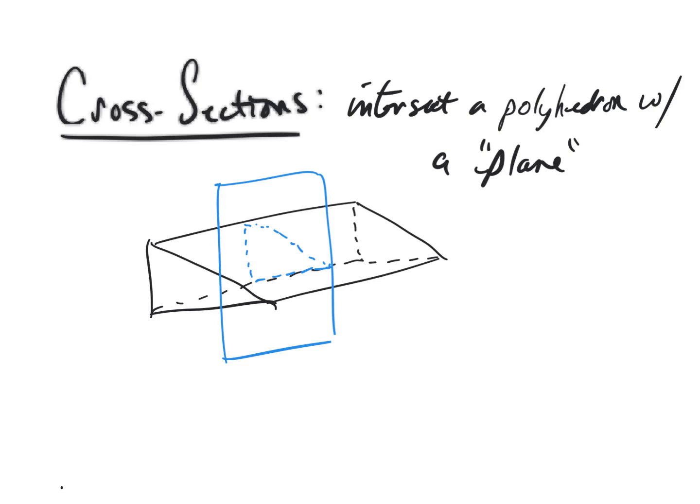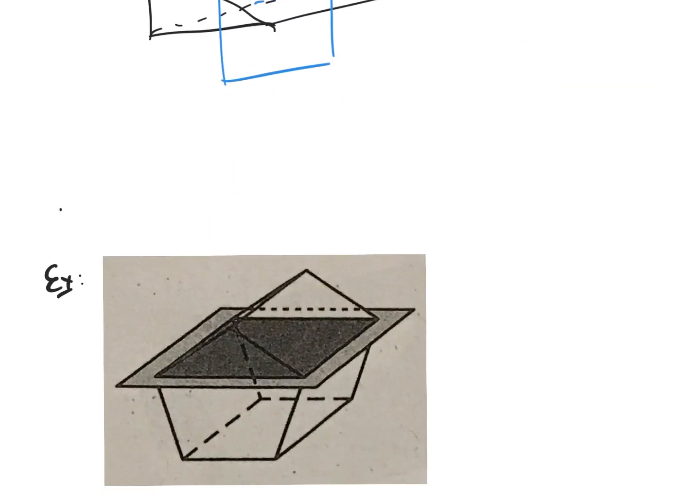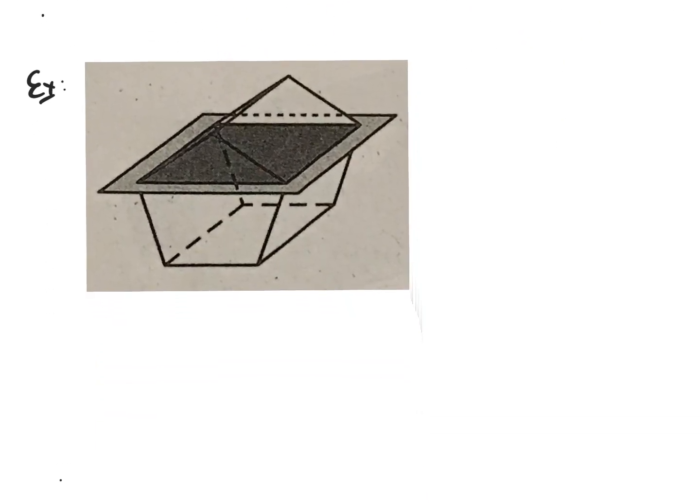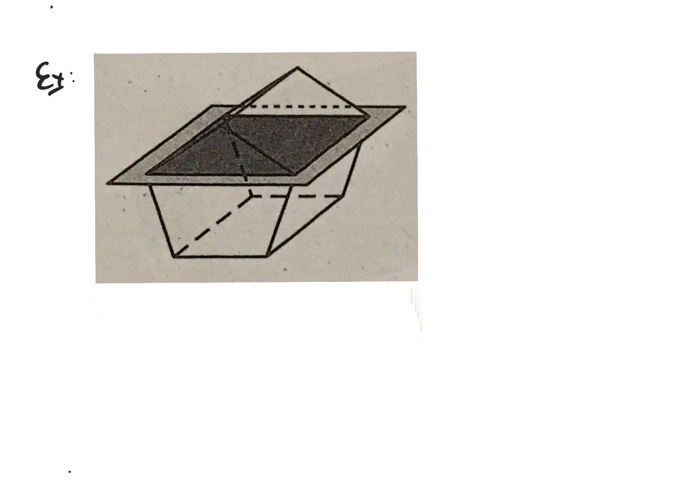Okay? So let's give it a try on a couple of examples where I've got some pictures. And again, the question is going to be, what would be the cross-section? Okay? So here we originally have a three-dimensional object that's a pentagon on the end. And then we put a plane through it, kind of parallel to the base. And our question is, what's going to be the cross-section?